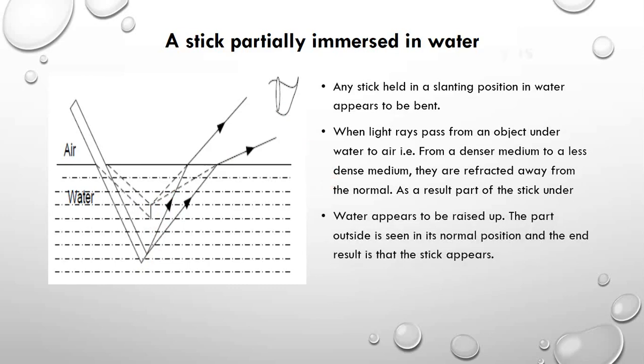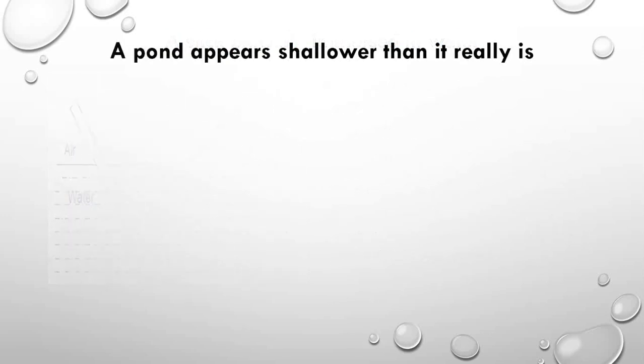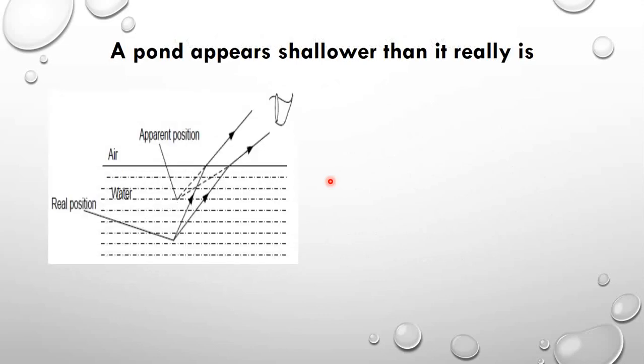Let us also explain why the pond appears shallower than it really is. Same scenario, light rays from the bottom of the pond will move to the surface, and at the water air surface, it is going to undergo refraction still away from the normal.